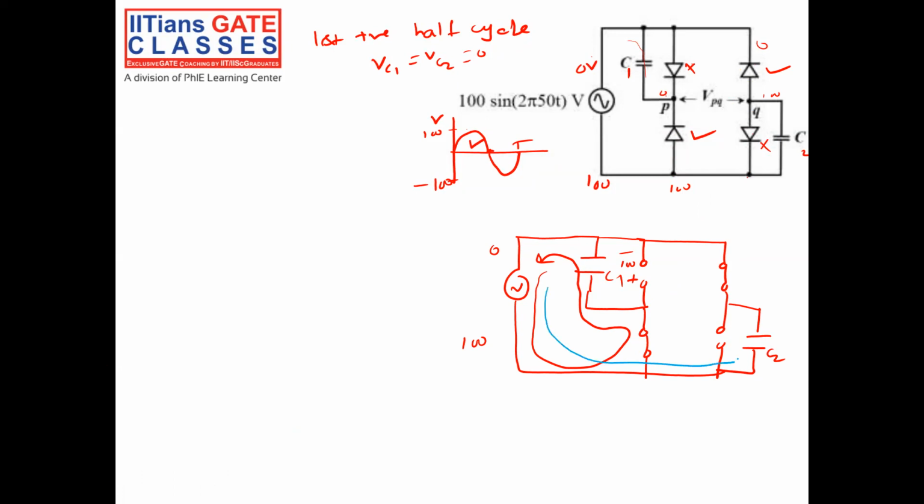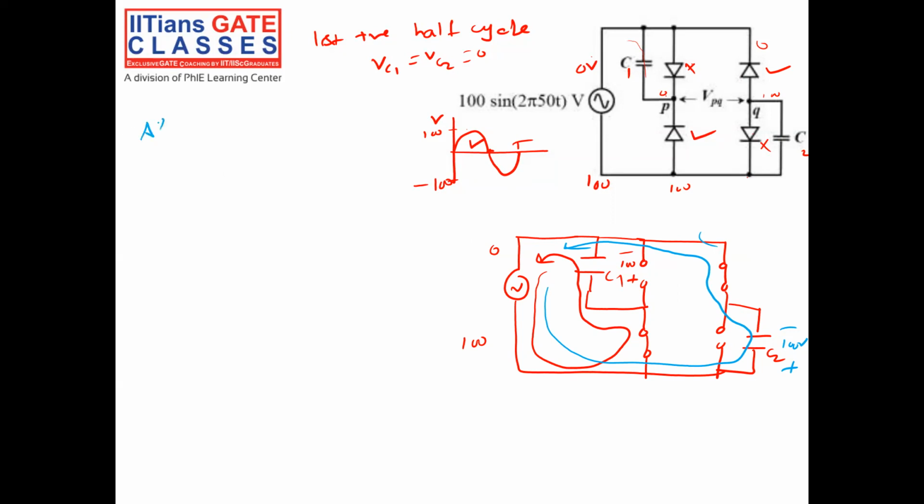So the current will flow in this direction, so that it will charge to plus minus 100 volt. So during the first negative cycle, VC1 and VC2 will be charged to 100 volt with polarity positive on the downside here, positive on the downside here.